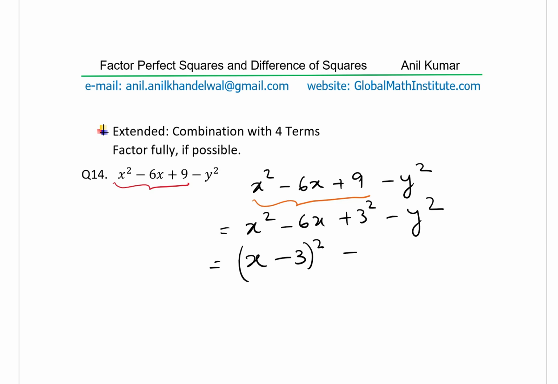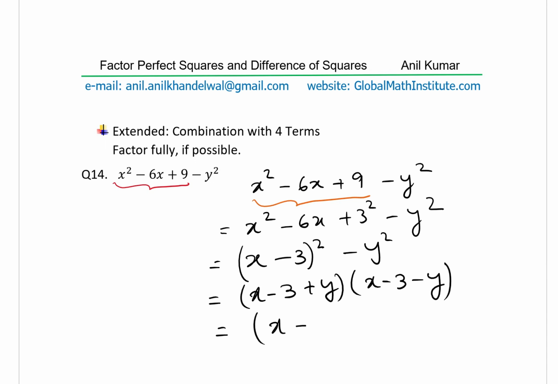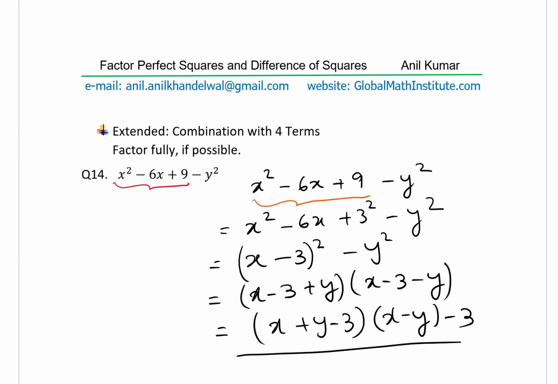And then we have minus y square. Now we can apply the difference of squares, which is x minus 3 plus y times x minus 3 minus y. It is a good practice to rewrite this as x plus y minus 3 times x minus y minus 3. So I hope that makes sense. That is how you should be doing.